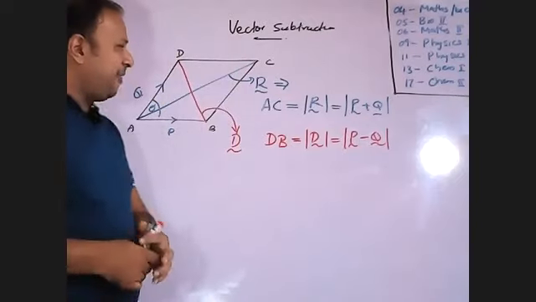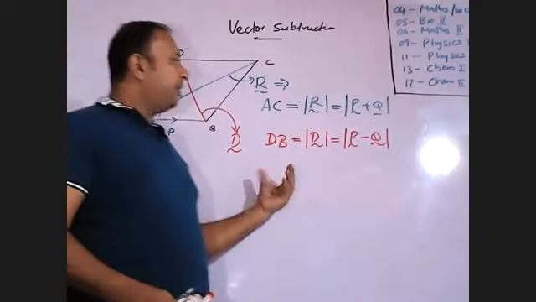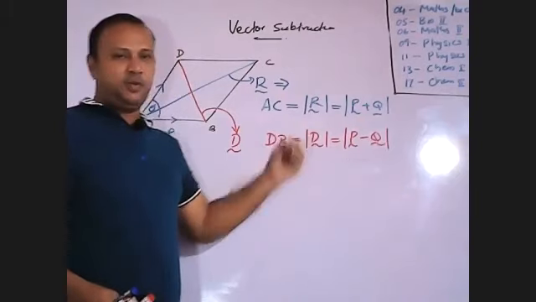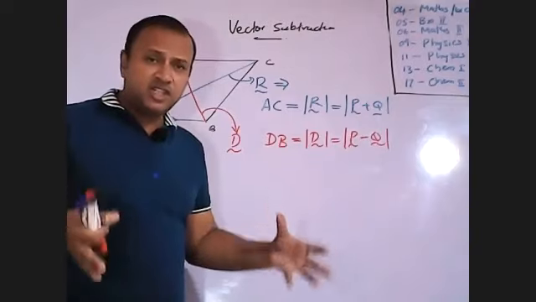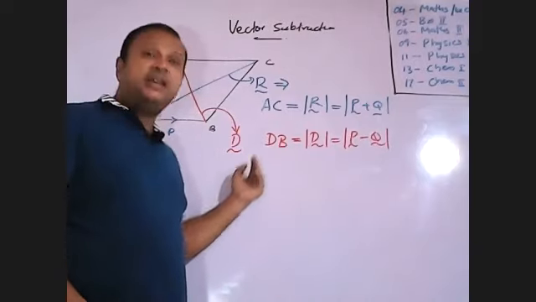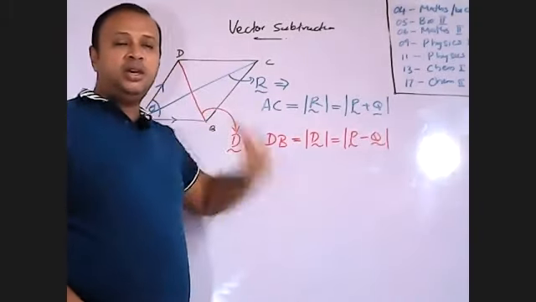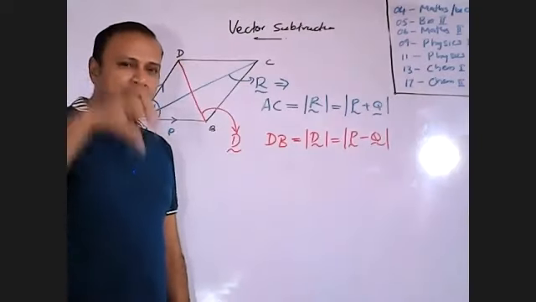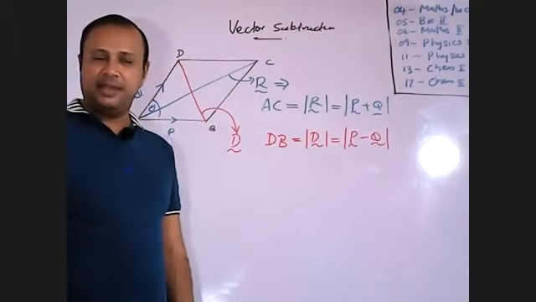Therefore, if you are given any vector relationship, normally using vector notation, you have to convert that into a geometrical relationship. That is the only thing you have to consider in these kinds of questions.